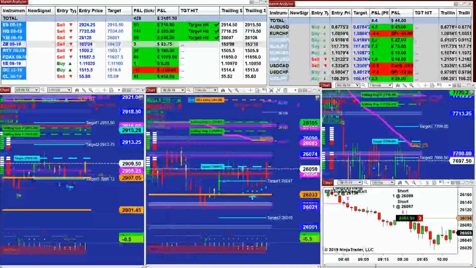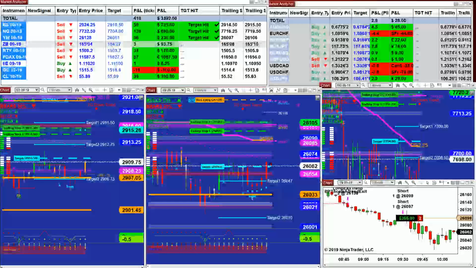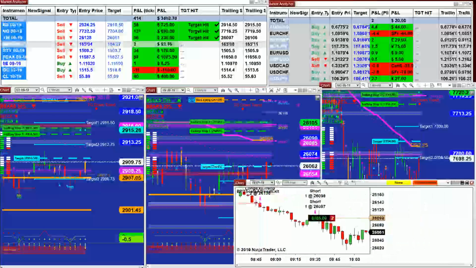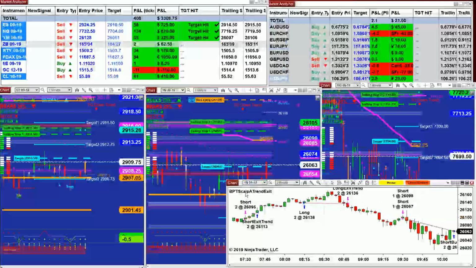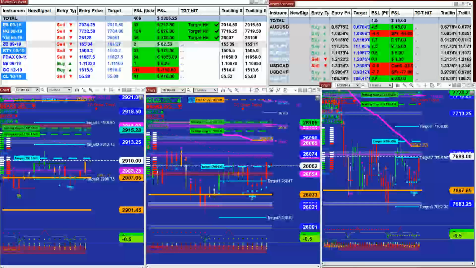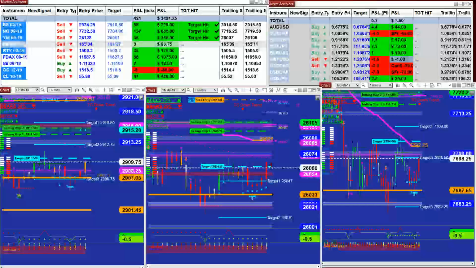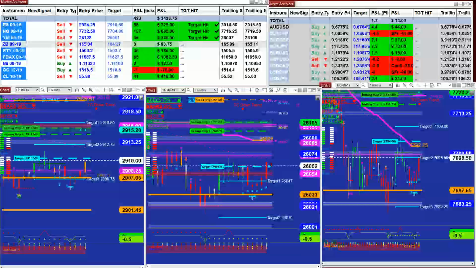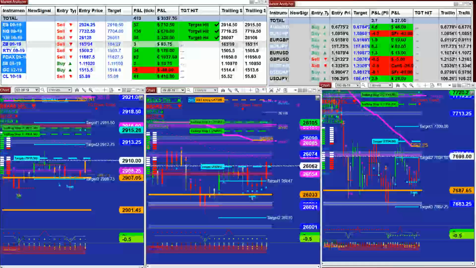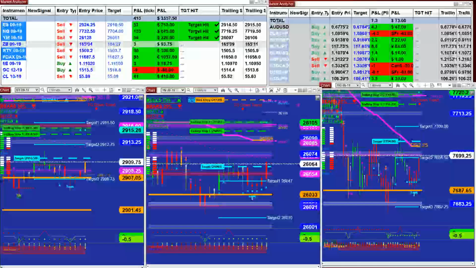Also on this one, the party is over on the short side. If you leave it alone, of course, the auto trade will close the position. You don't need to do anything. But right now the party is over on the short side, and now we are looking for a new signal.